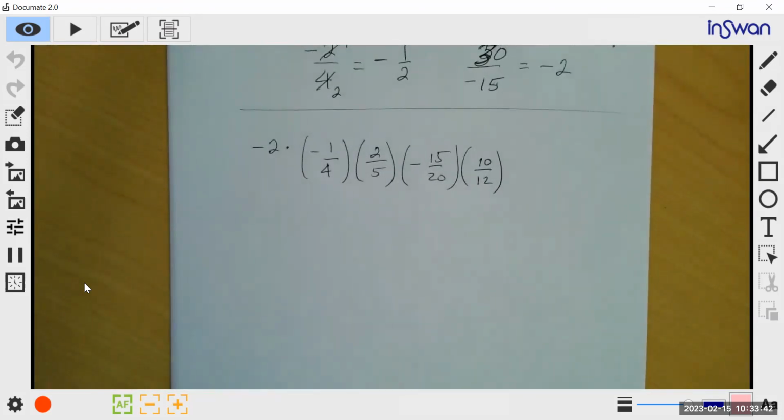What do you do? Well, in a sense, yes. So first you have to do, tell me, is the answer going to be positive or negative? Why? You're right, it is going to be negative, but why?